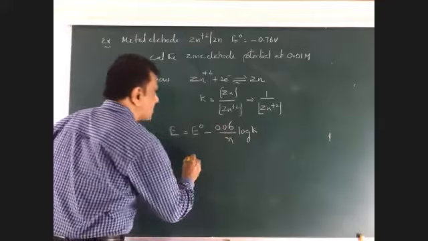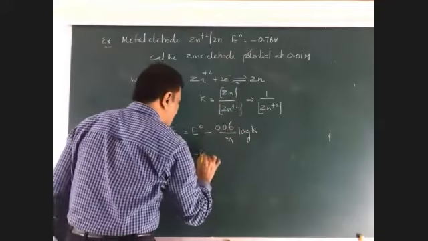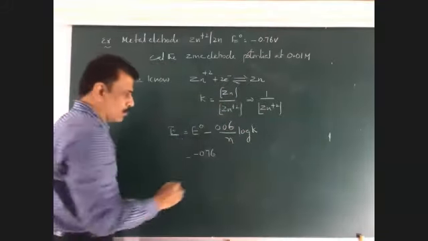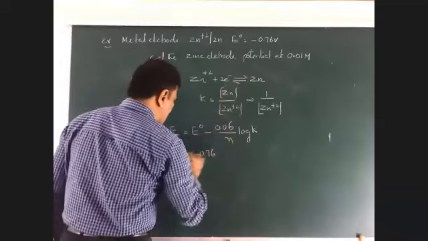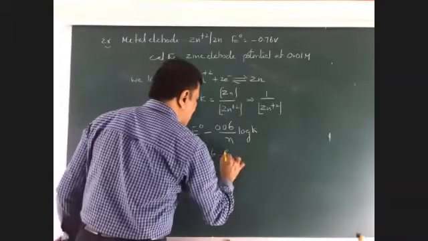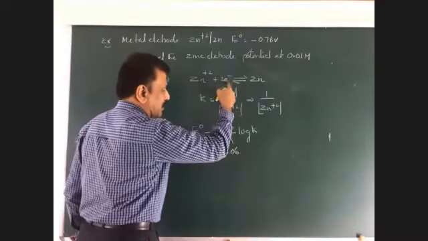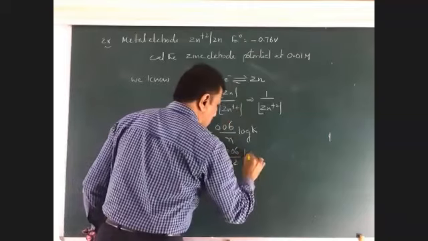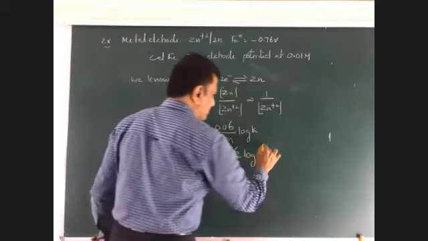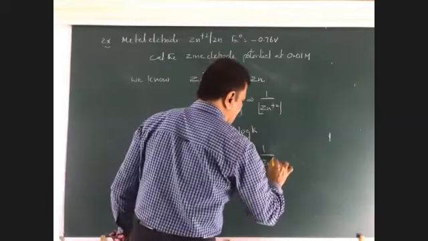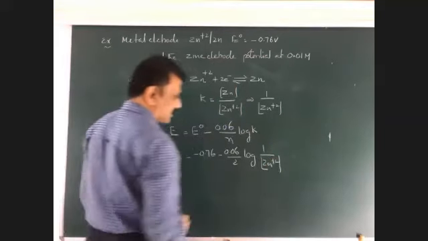So E naught is given. What is that value? Minus 0.76 volts. So E is equal to minus 0.76 minus 0.06 by N. What is N value? Number of electrons, 2, into what is K value? 1 by Zn plus 2 concentration.